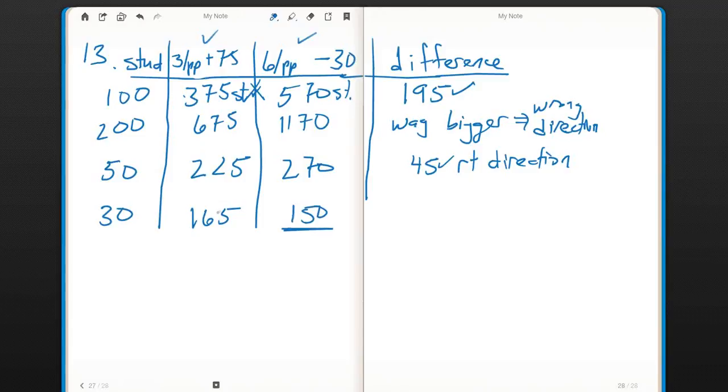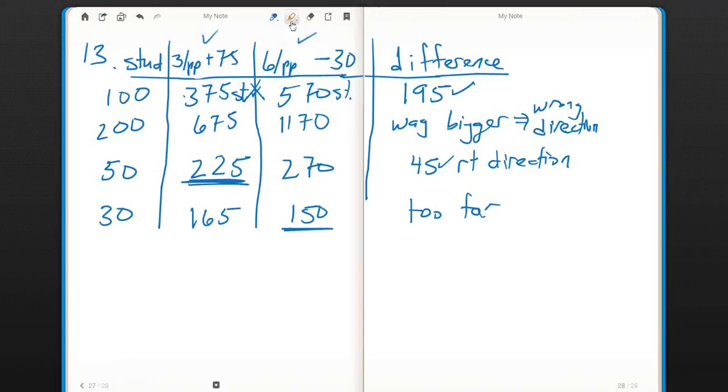Now this is smaller, and it used to be that this column was smaller. 225 was not big enough, but now 165 is too big. So what that means is I've gone too far. My difference between the numbers tells me I've gone too far. Somewhere in between here is the right answer.